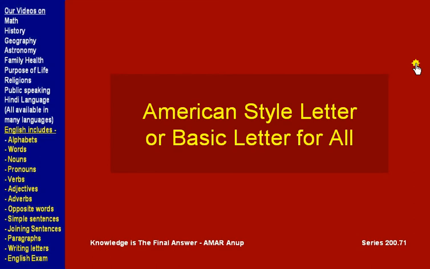Now let's look at the American style of writing an official letter. You can also call it the basic style for writing official letters, because basically it remains the same in both the styles, and I will show you what I mean and I will tell you what the differences are.